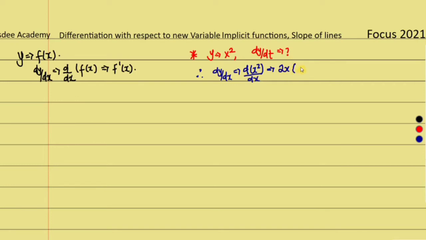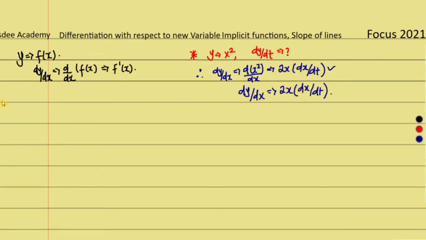So this will be the answer to dy/dt. I hope you understand this simple way of getting the answer to differentiation with new variables. Students should not take it as something difficult to understand, because all I am doing is differentiating the function normally, then expressing it in terms of the new variables.